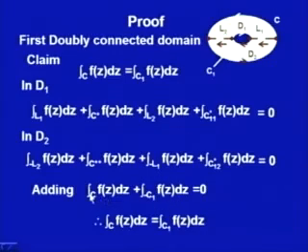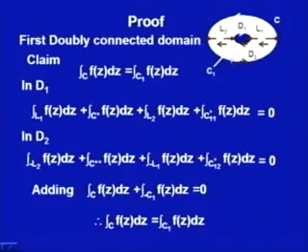What we have is that the integral along the complete boundary B of the function f(z) dz is 0, and this says that we have again established the independence of path on closed contours in a multiply connected domain. That is, if I take either this path or this path, the integral along both these contours would remain the same for a multiply connected domain for an analytic function f(z).